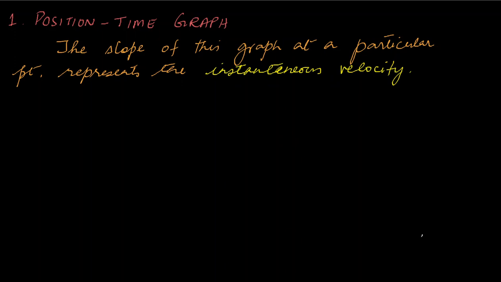So the larger the slope, the larger the instantaneous velocity at that particular point. So that is basically what it means.